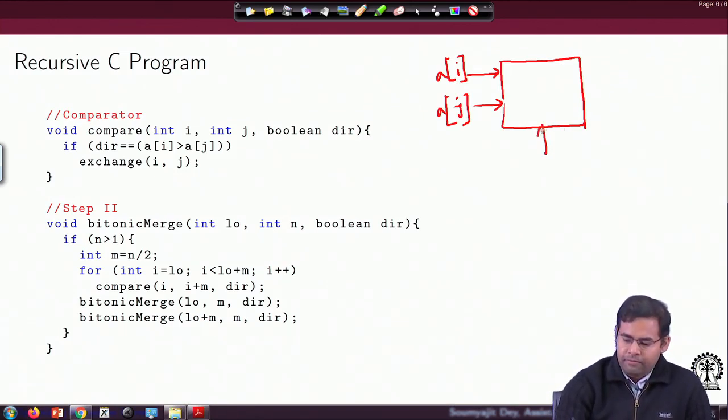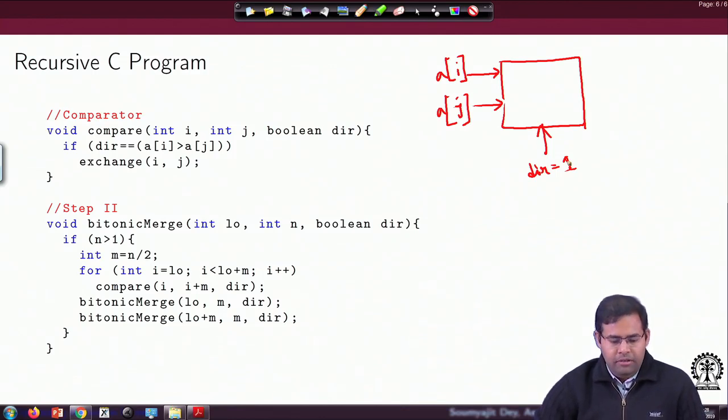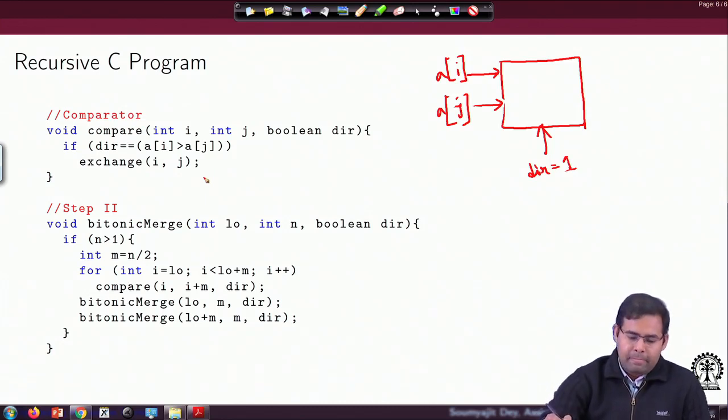If the direction is 1, if ai is greater than aj, then you are going to exchange, right. So, you are exchanging i and j.